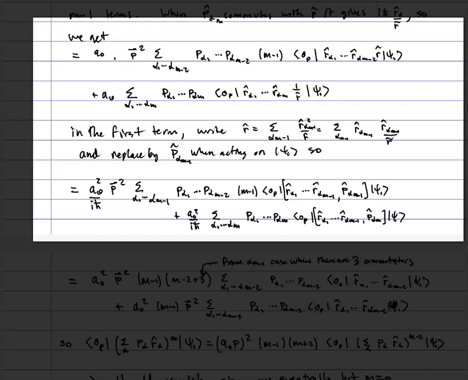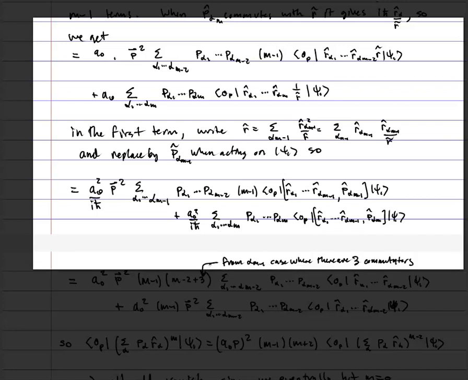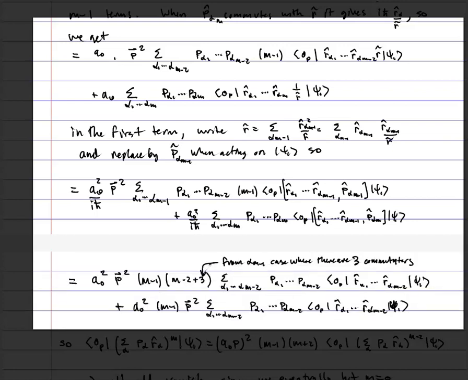All right. Now again, it's a careful counting exercise. Every time that p alpha hits one of the r alphas, I'm going to get a delta alpha m minus 1 alpha j. And I have to count how many of them I have. And I'm going to get a p squared that comes out of that because they're going to be pinching together. So we're going to get this a0 squared p squared m minus 1.